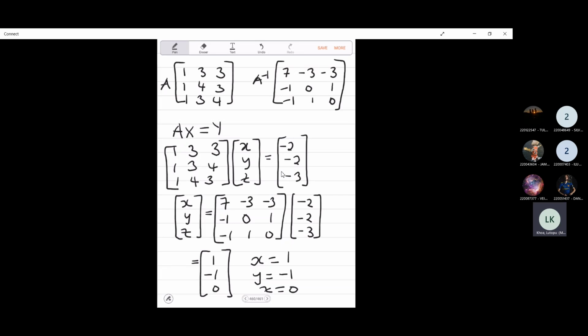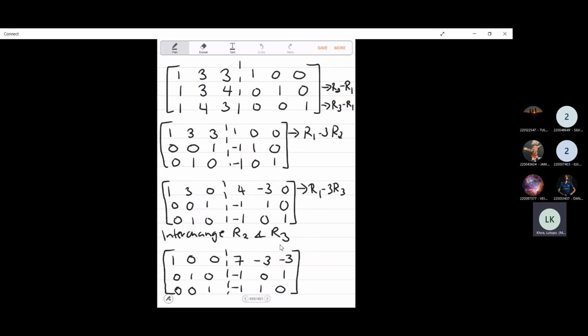So seeing what we did, even though I interchanged the rows here, it doesn't affect it being the inverse of the original matrix that we started with. So forget about what I was emphasizing.